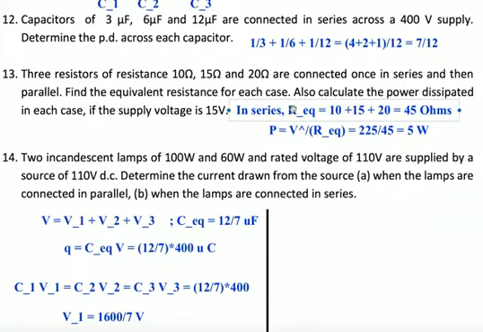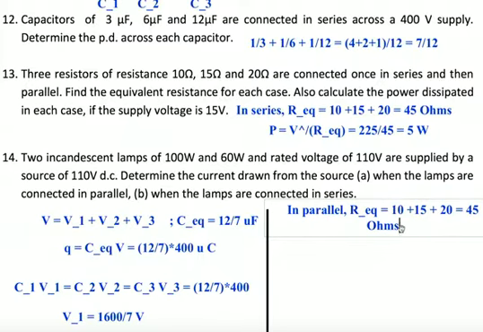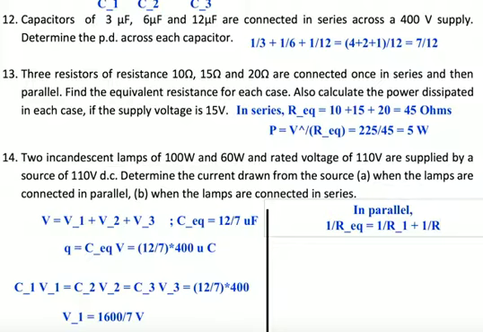In parallel, what is R equivalent? 1 by R equivalent equals 1 upon R1 plus 1 upon R2 plus 1 upon R3.